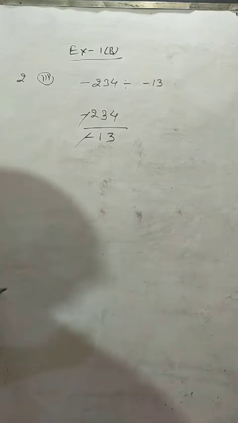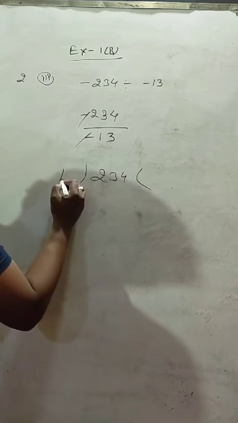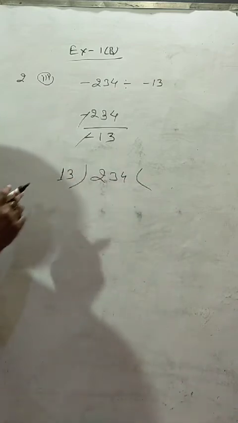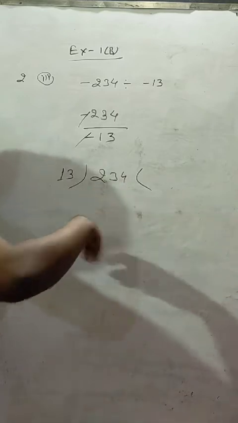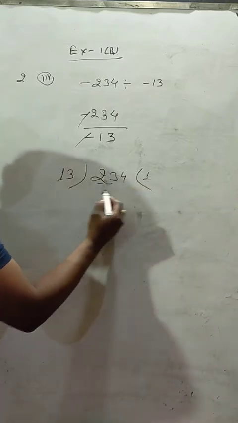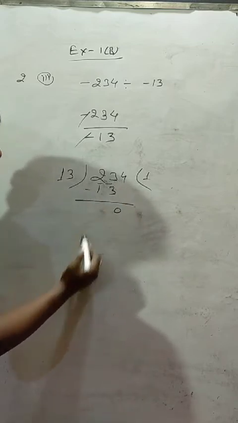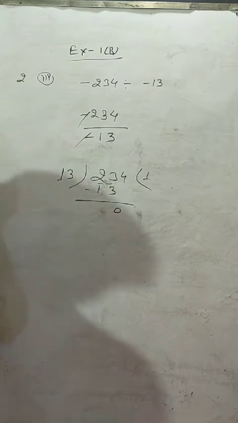Okay. So divide 234 by 13. We know 13 1s are 13 and 13 2s are 26. So 26 is greater than this number. So 13 1s are 13. 3 minus 3 is 0.